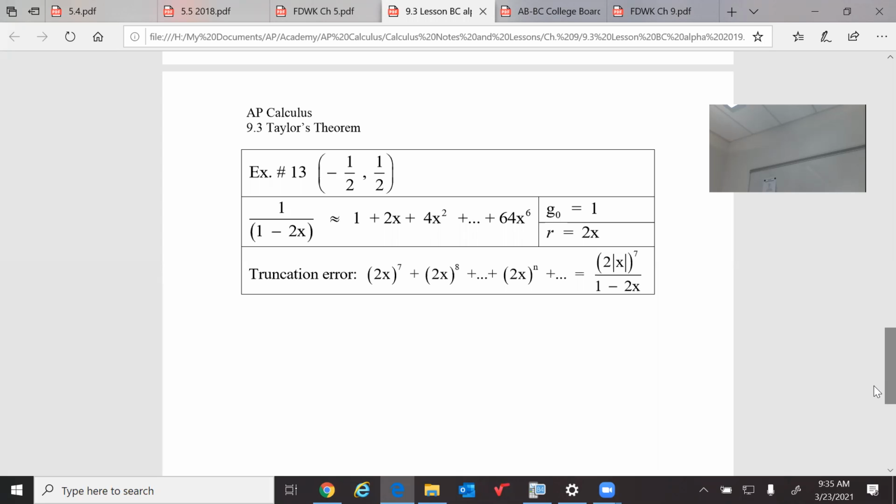So I've got 1, 2x. Your first term is 1, second term is 2x, third term is 4x squared. So the sum is 1 plus 2x plus 4x squared. Well, the only way this is converging is if your constant multiplier, the absolute value, is less than 1.